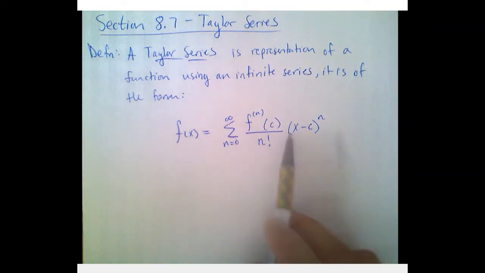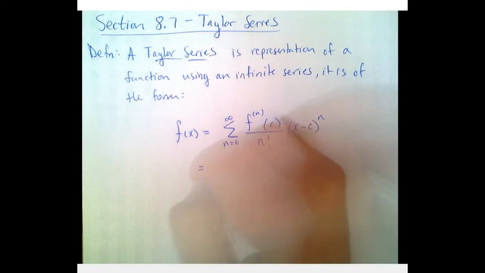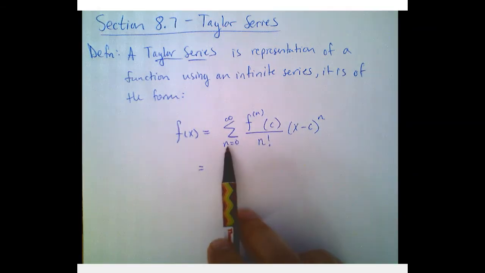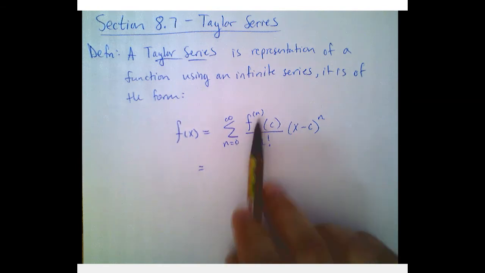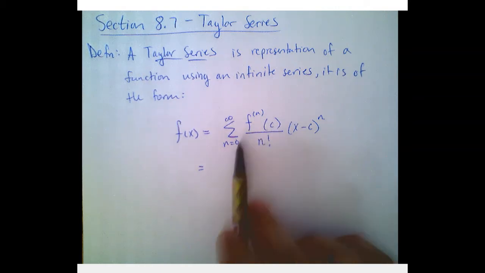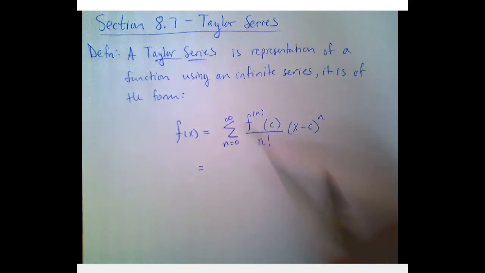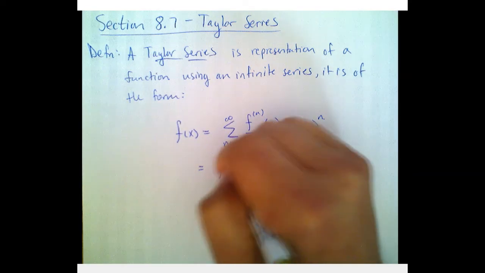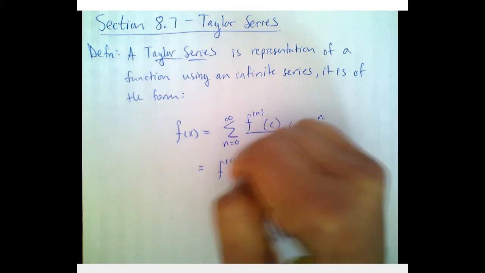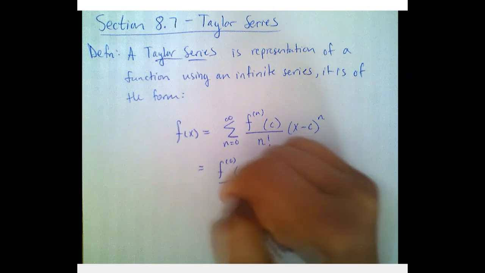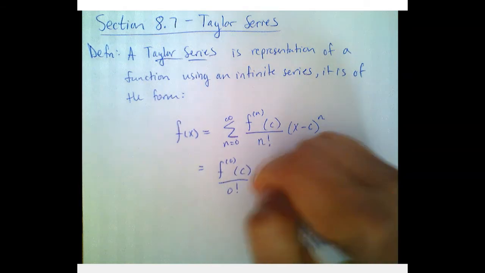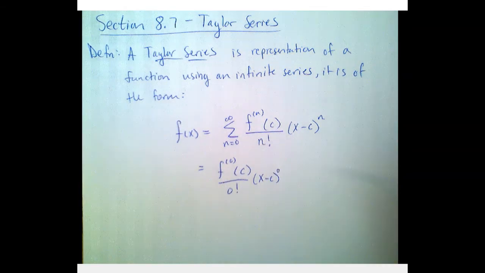So if we were to expand this out, let's look at what the first term would be. The first term is when n is 0. So here, this superscript is dealing with the derivative of f. So when n is 0, we would get the 0th derivative of f at some value of c over 0 factorial times x minus c to the 0.